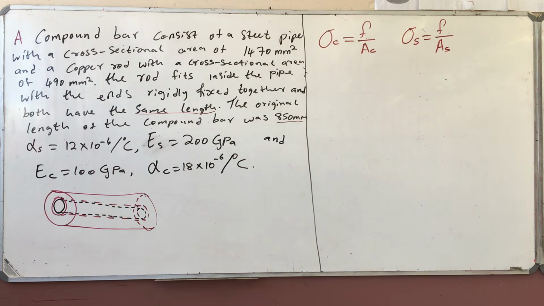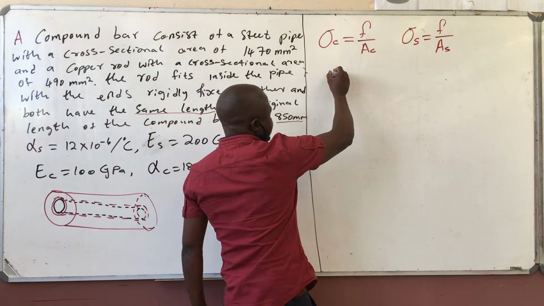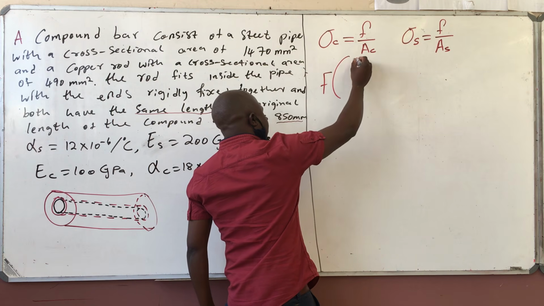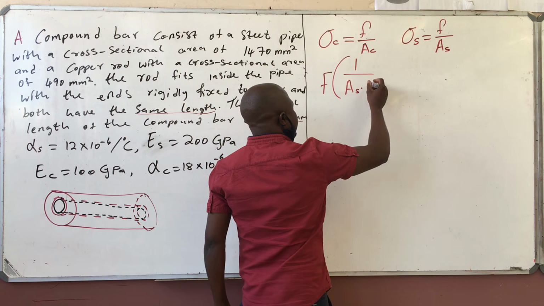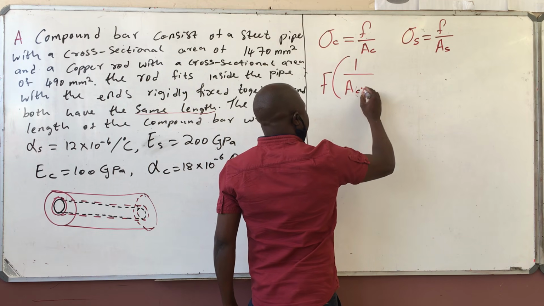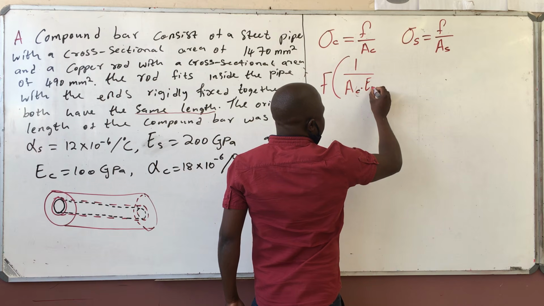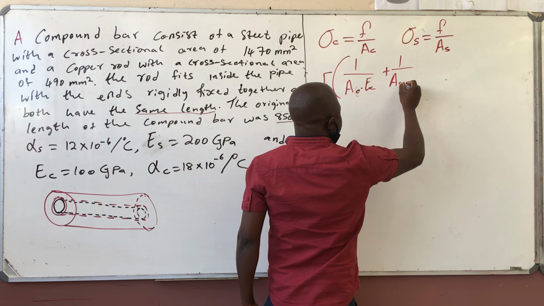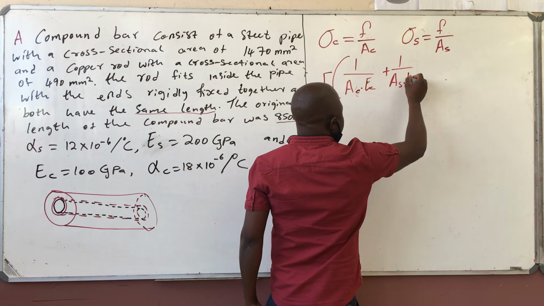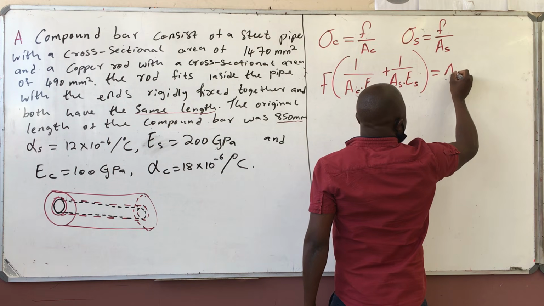What we need to do now is to calculate the force, and the formula is F, the one that we just derived, over A_S or A_C, it doesn't matter, C plus 1 over A_S, times the change in temperature.